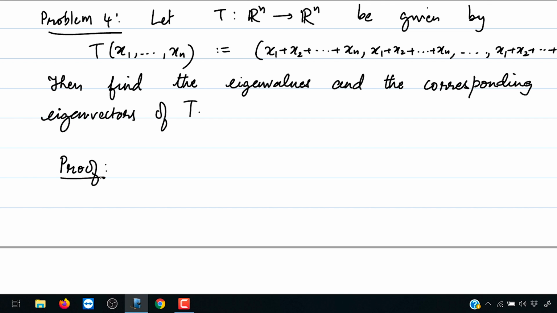So what is an eigenvalue? An eigenvalue is a scalar lambda such that there exists some non-zero vector v where Tv is equal to lambda times v. So let lambda be an eigenvalue. Then what does this mean?